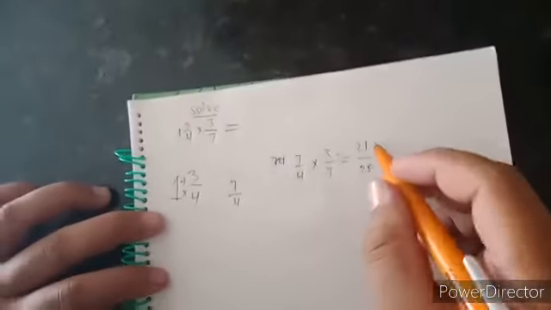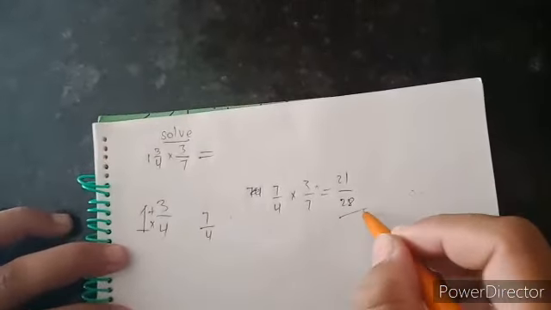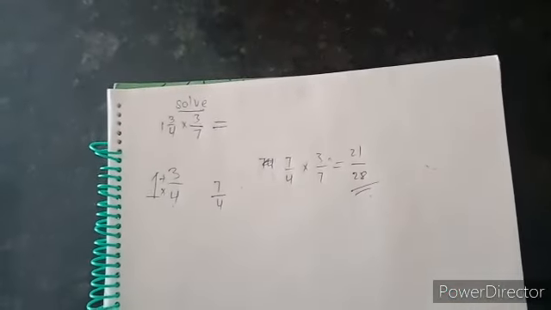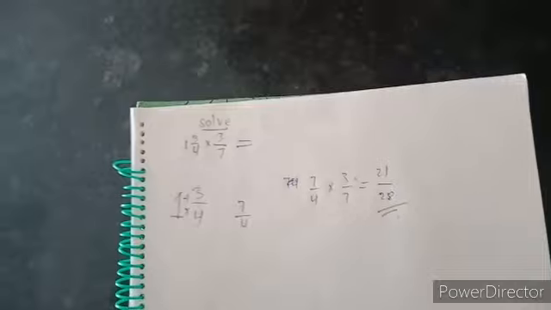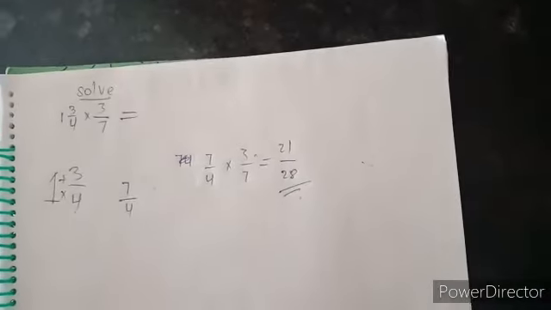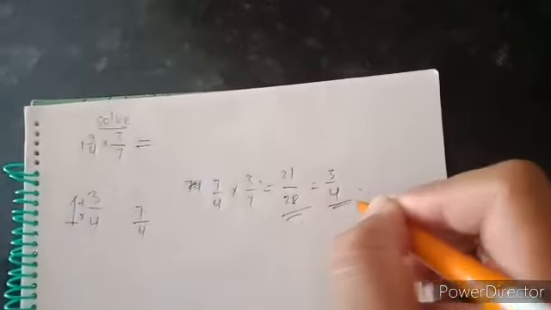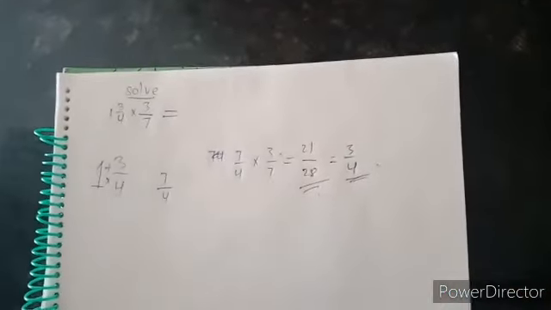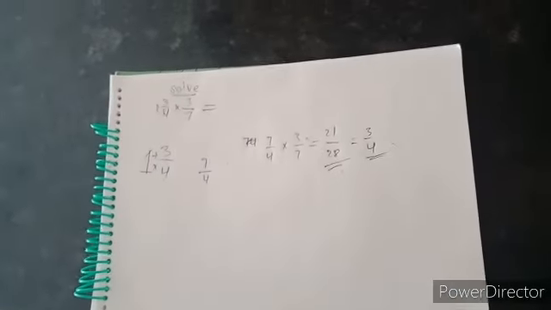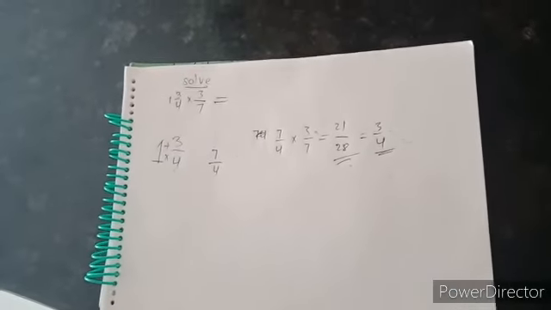So the answer will be 21 over 28. And now you can also further simplify it. 21 over 28, if simplified, will be 3 over 4. That is the answer in simplified format. And guys, I just want to note that it's not a must that you simplify the answer further, unless you are asked to.